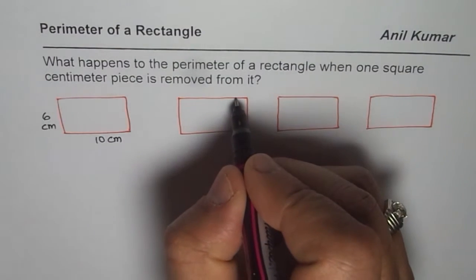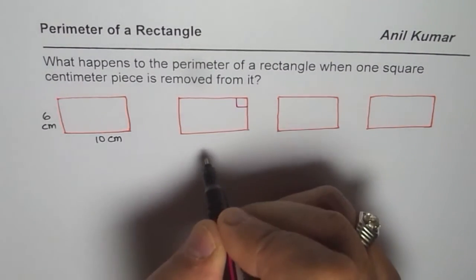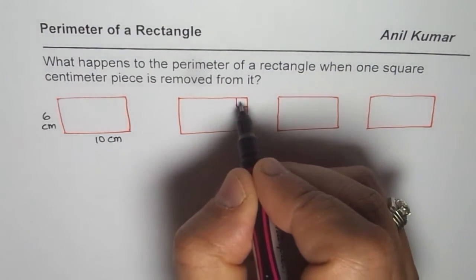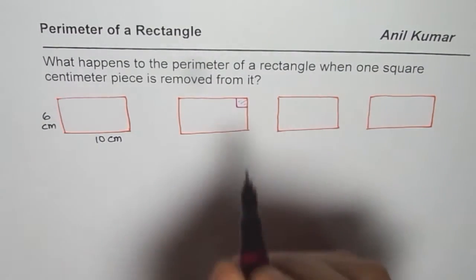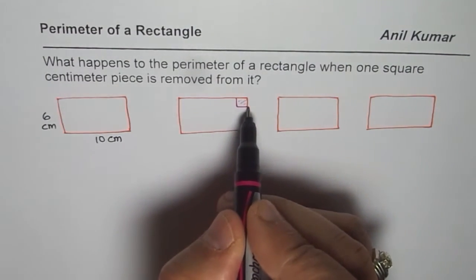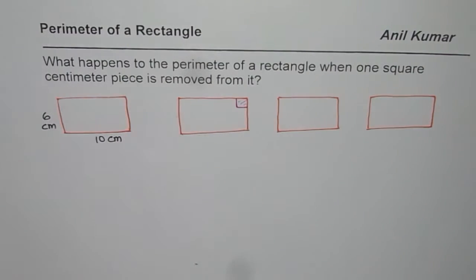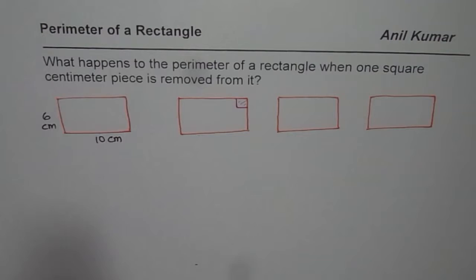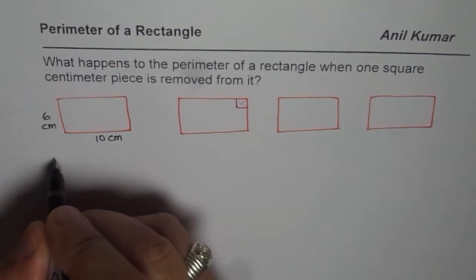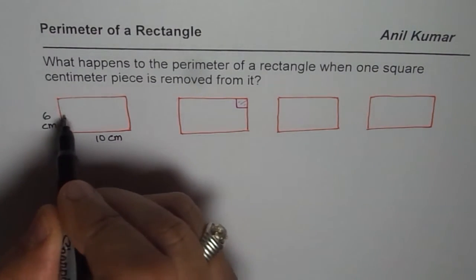So I could remove it from a corner, right? So I could remove it from here. So if I remove that piece, then I have a rectangle which is kind of like this. Find the perimeter of this, correct? So by now you have got the perimeter of the first one. What is your answer? Perimeter here is the sum of these sides, right?